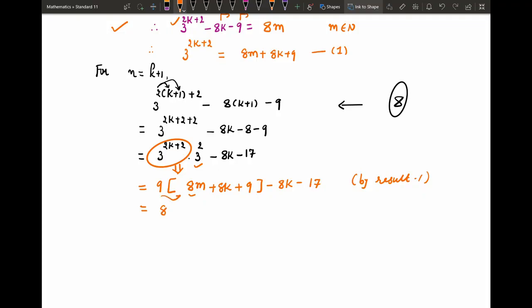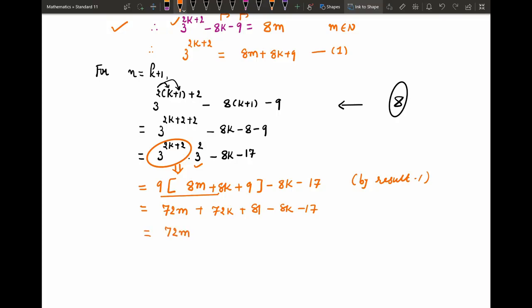When we expand, 9 into 8m is 72m, plus 9 into 8k is 72k, plus 81, minus 8k minus 17.